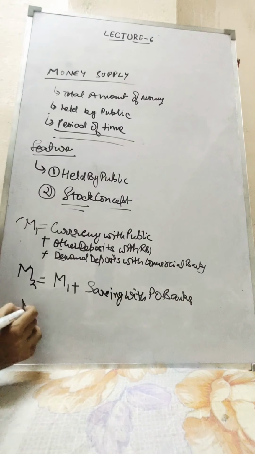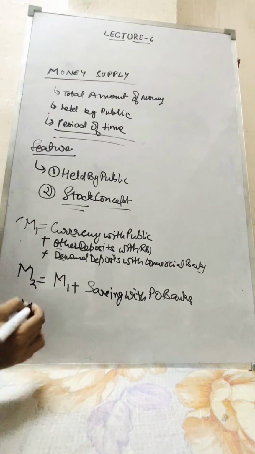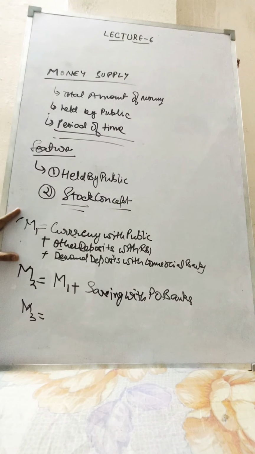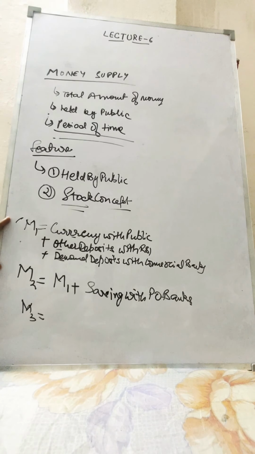Now coming to the M3 measure of money supply. It's again an addition to M1 only, not M2, M1. Why? Because M1 is the basic criterion to which we add or subtract any of the items, because this is the simplest formula to calculate money supply.